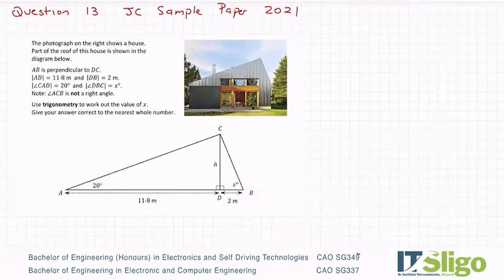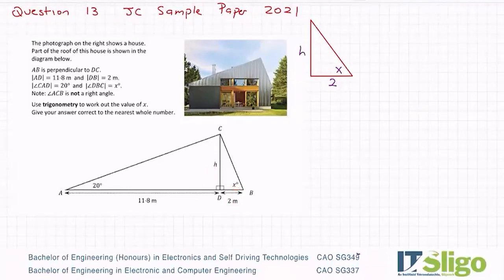Just like I said, I would isolate the triangle that had X in it. So maybe I'll do it up here. There's my X, there's my 2, there's my H. And I don't put anything else into it, just the relevant information.